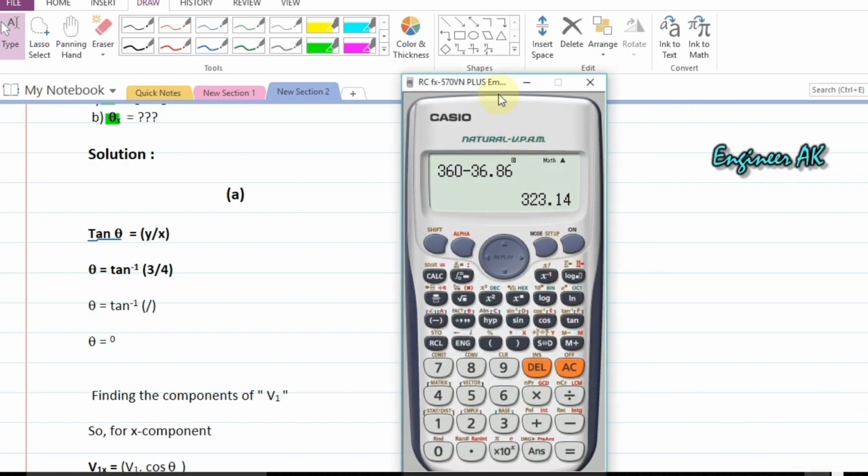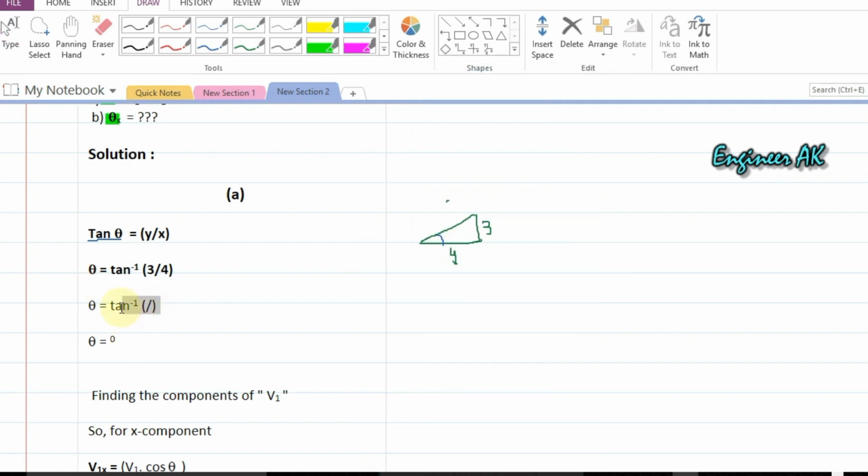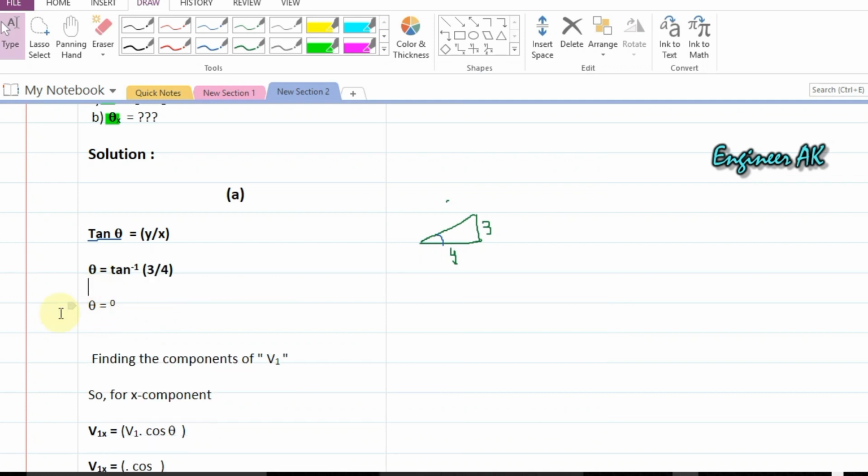Here we go. And then we want to find this theta. So if tangent moves here, it becomes tan inverse, right? So tan inverse of 3 divided by 4. Its angle is 36.86 degrees.